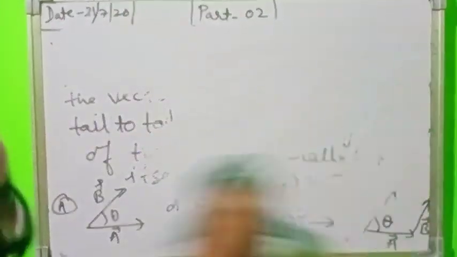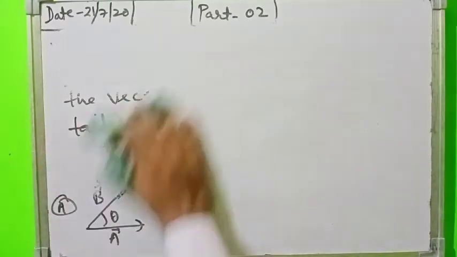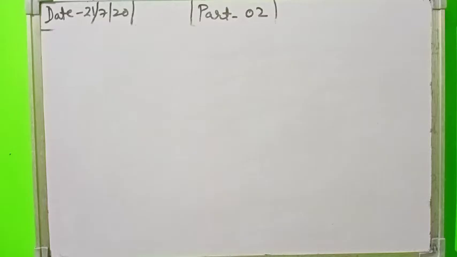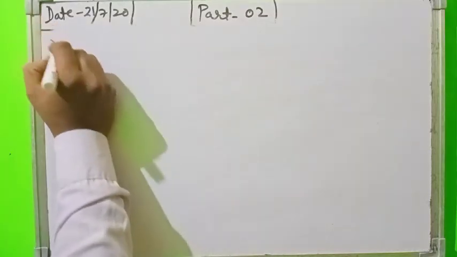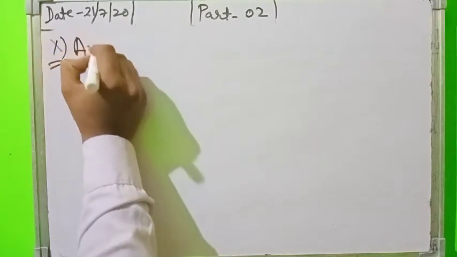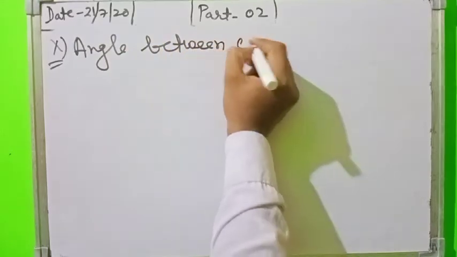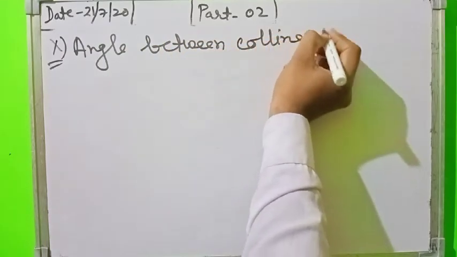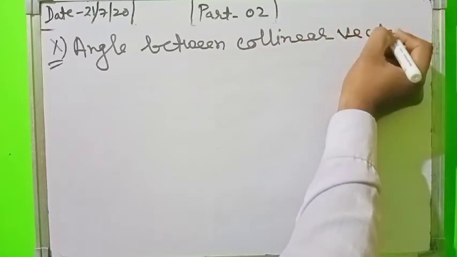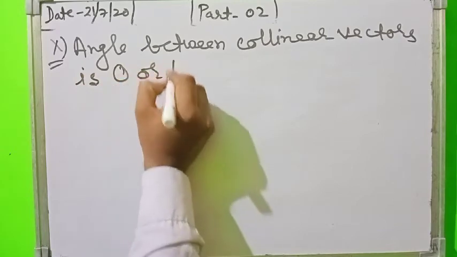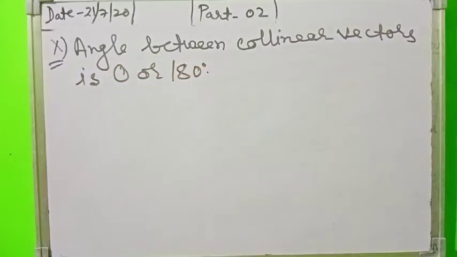Angle between two collinear vectors is always 0 or 180 degrees.